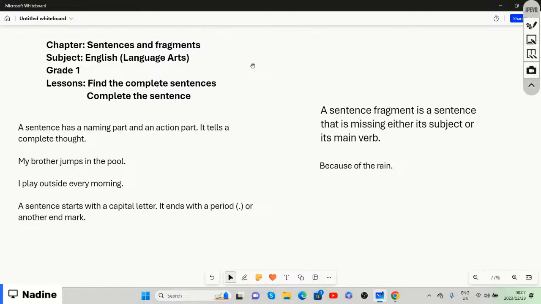A sentence has a naming part and it has an action part, meaning it has a noun and it has a verb.